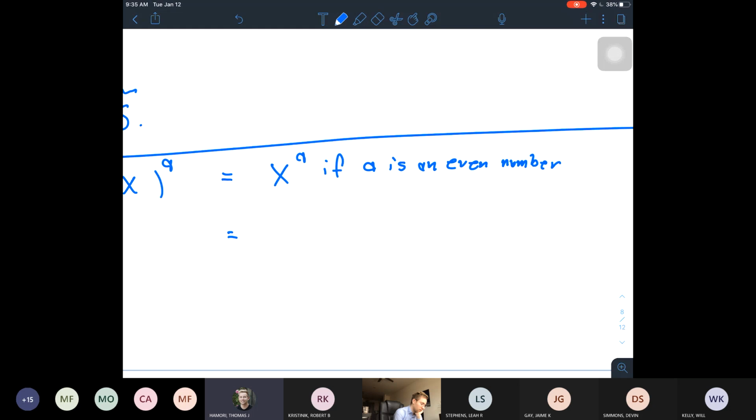And, why don't I write it with proper notation? There we go, that's better. (-x) to the a equals -x to the a if a is an odd number.